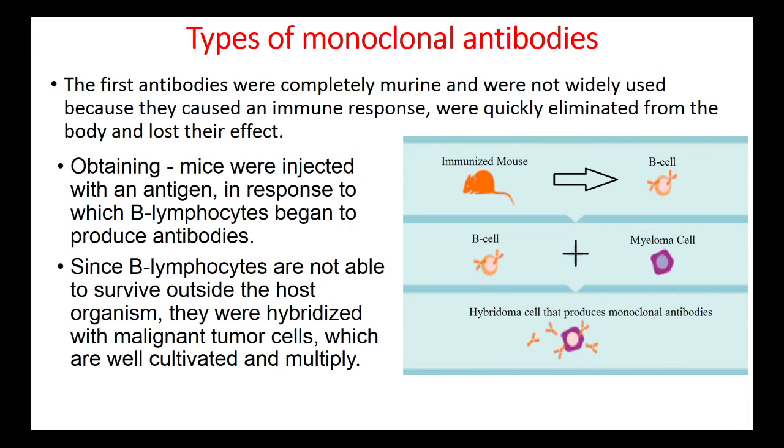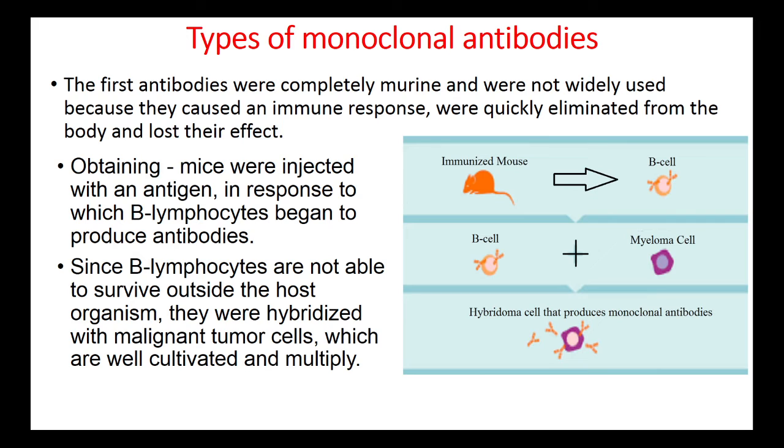Here you can see the types and how these drugs are made. First, the antigen is given to a mouse. It will immunize the mouse, and it will make B cells with many antibodies. But it is better for this function to use tumor cells, myeloma cells.